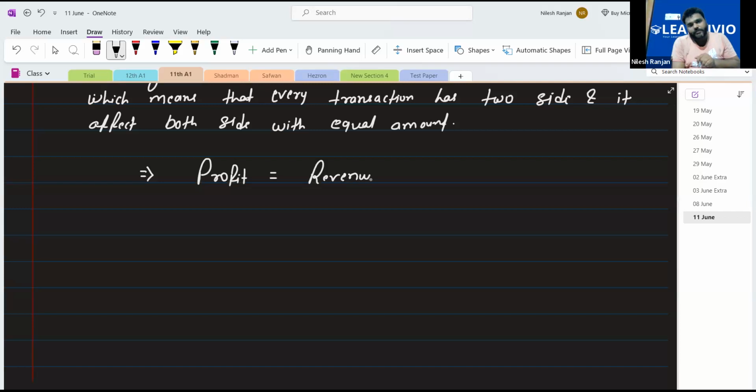You know about this. And if we have to calculate the profit or loss, then the formula is closing capital equals opening capital.